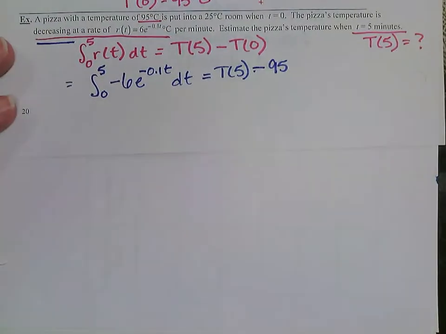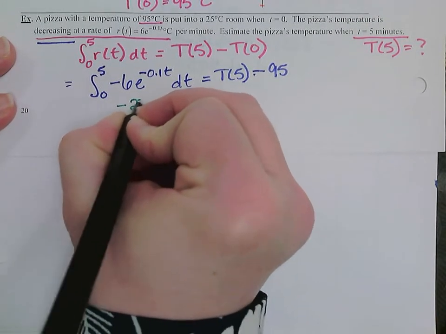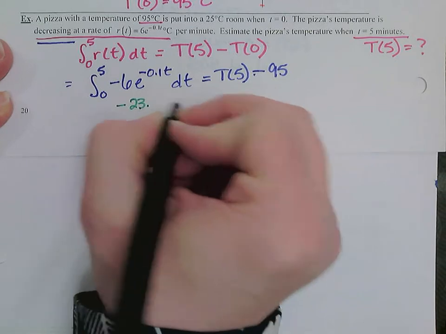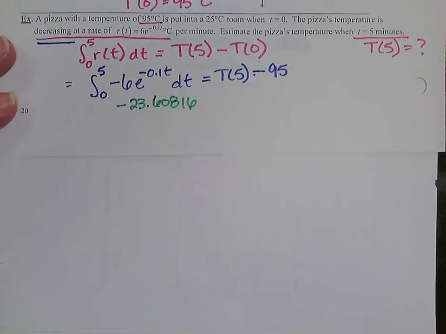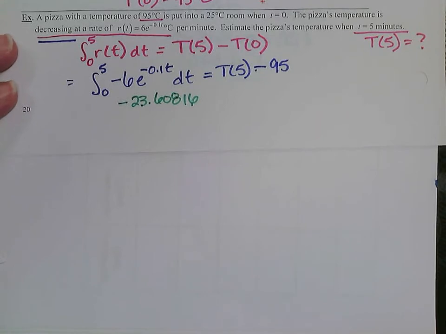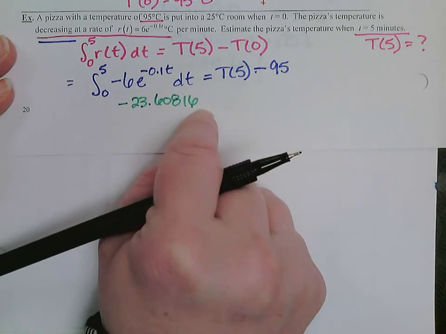So we get negative 23.60816. So in other words, during that 5-minute time interval, the temperature of the pizza decreased by 23.60816 degrees Celsius.